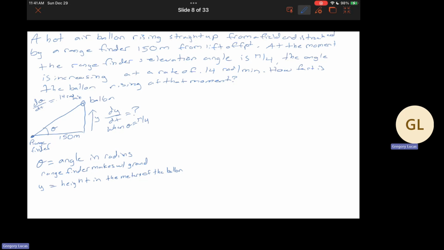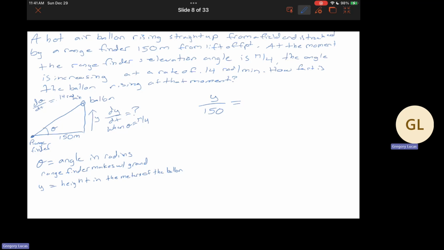Okay. And now let's try and figure this out. So we have a right triangle, which is nice because we can use our trig functions now. So we can take a look at y divided by 150, those are the two things we know. So now we have to think back to trig.